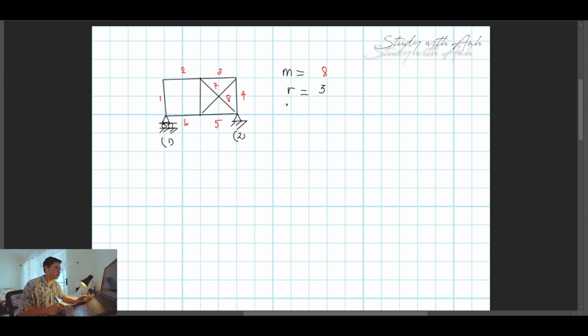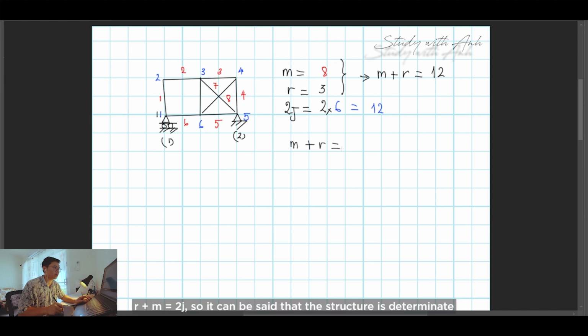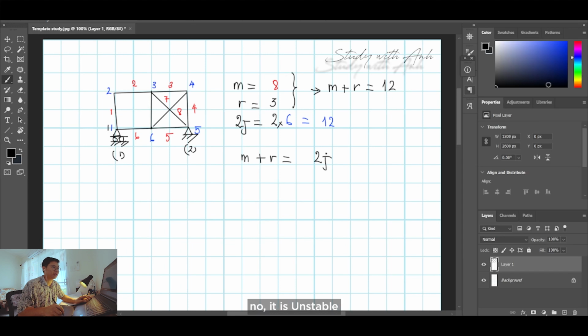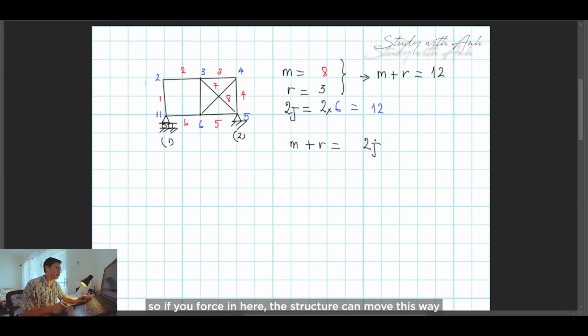So what is 2J? 2J is equal to 2 multiplied by 1, 2, 3, 4, 5, 6, so that's 12. And M plus R equals 11, wait, M plus R equals 12 too. So M plus R equals 2J. So it can be said that the structure is determinate. But is it stable or not? No, it's not stable. Look. If you apply a force in here, the structure can move this way.